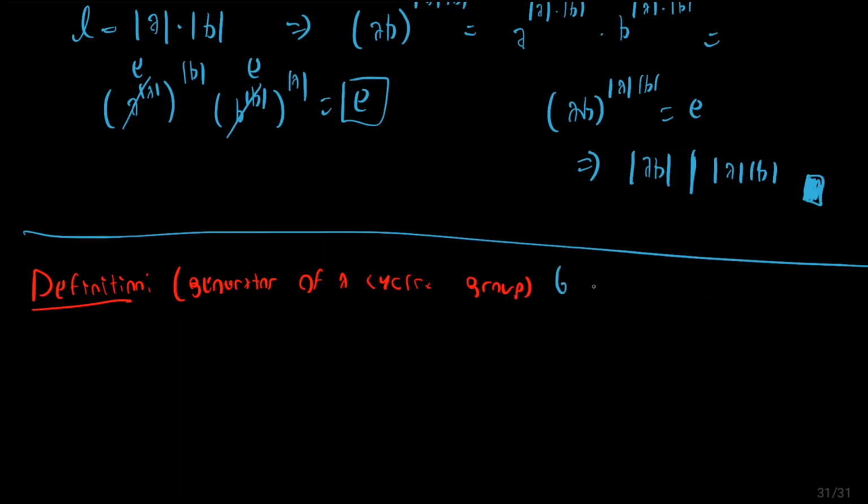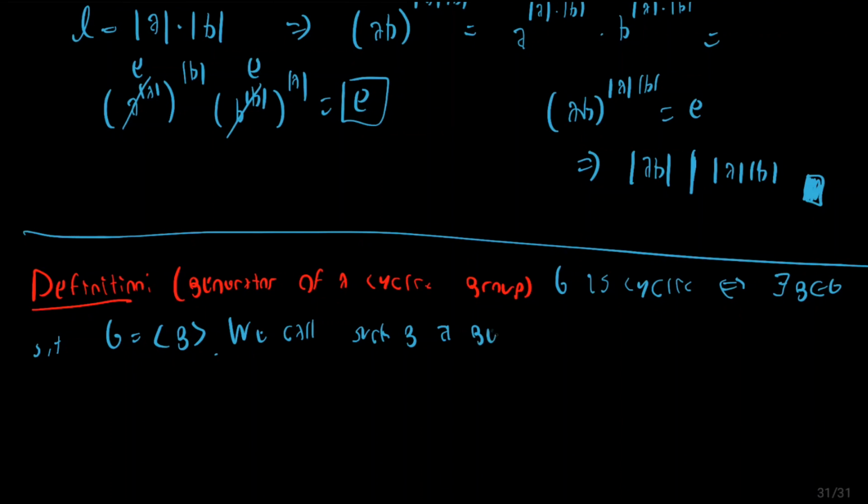We said that a group G is cyclic if there exists a small g in G such that G is equal to the subgroup generated by g. In this case, we call such g a generator of G.